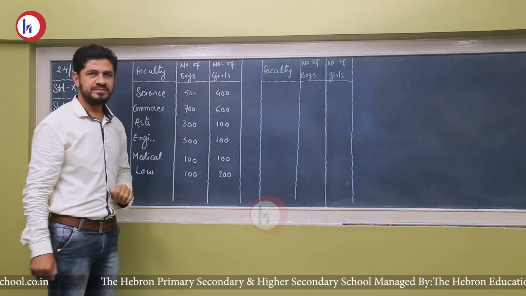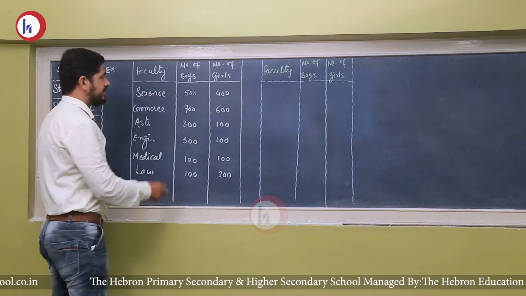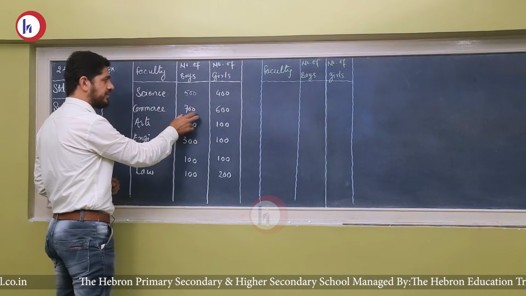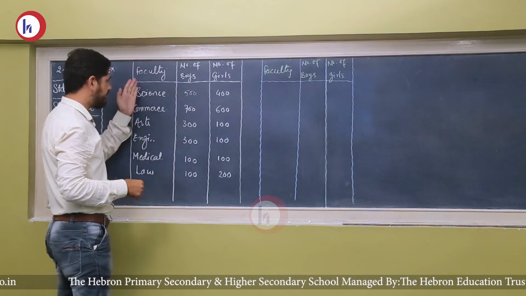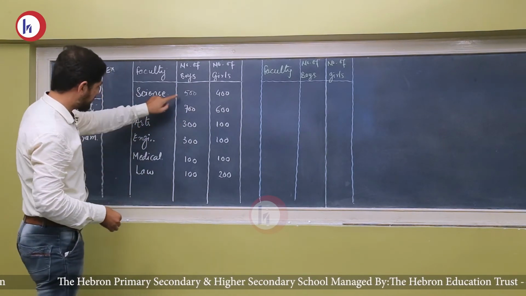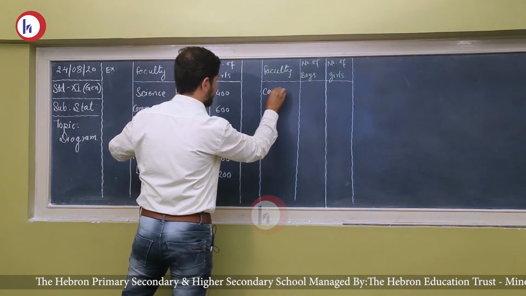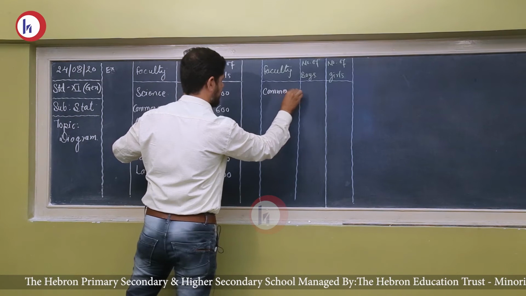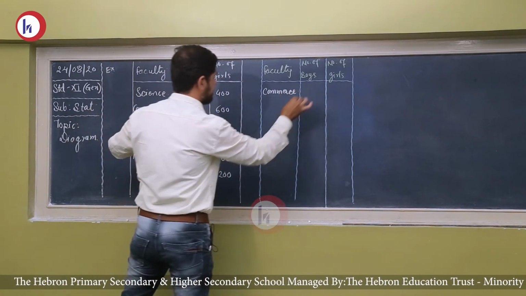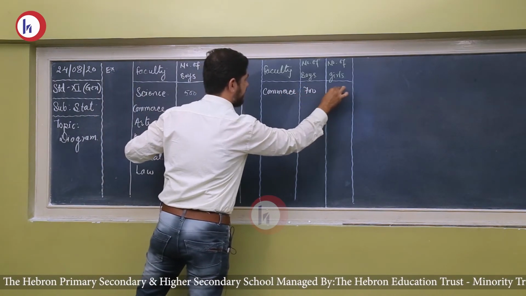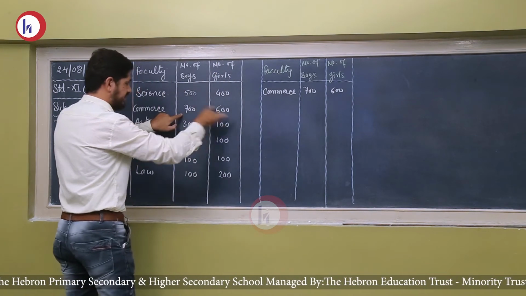Suppose I arrange the data on the basis of the number of boys that study in different faculties. So the highest number of boys is in commerce, that is 700, and the number of girls is 600.